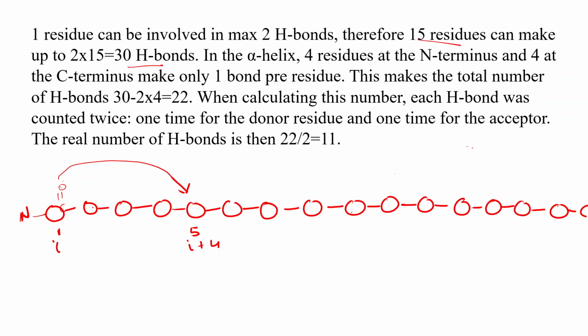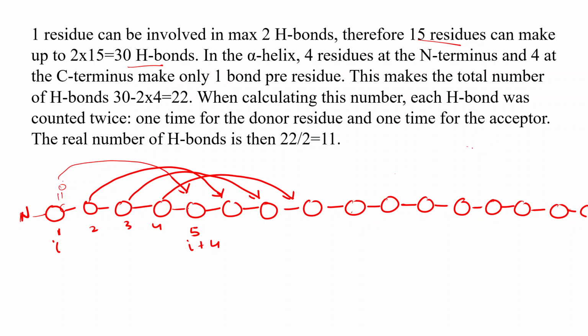Similarly, the second will also make only one hydrogen bond with this. So in an alpha helix, always the terminal 4 amino acids, 1, 2, 3 and 4, will make hydrogen bonds with only one amino acid, because they don't have any I plus 4 or I minus 4 amino acid on this side.